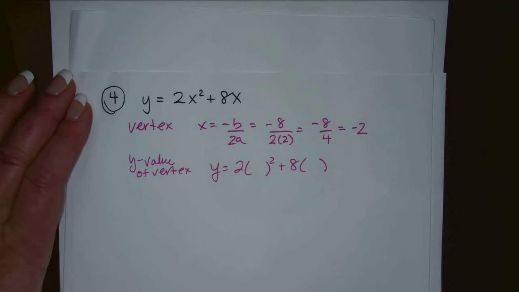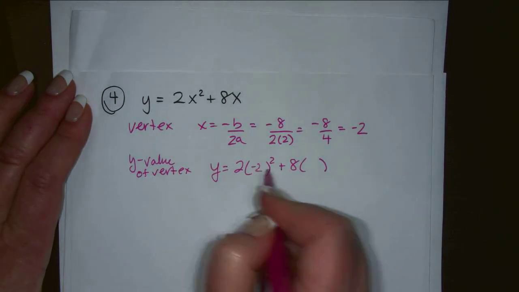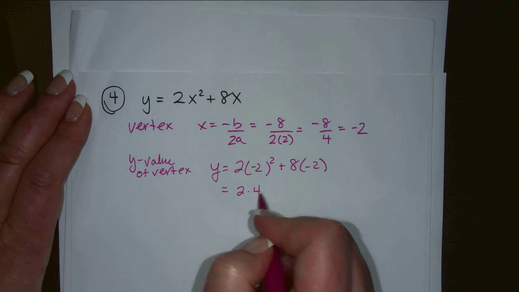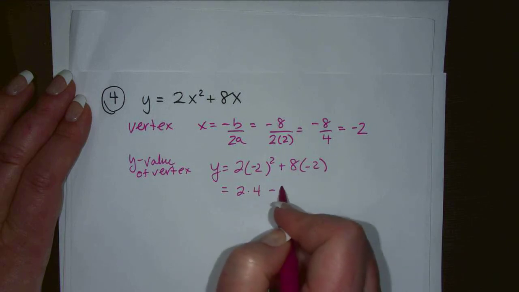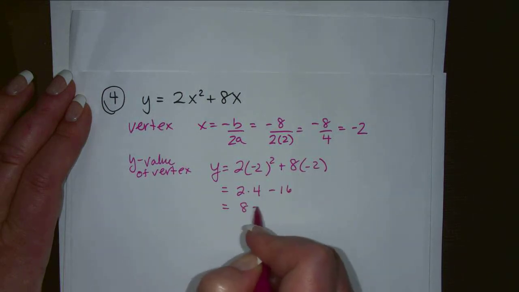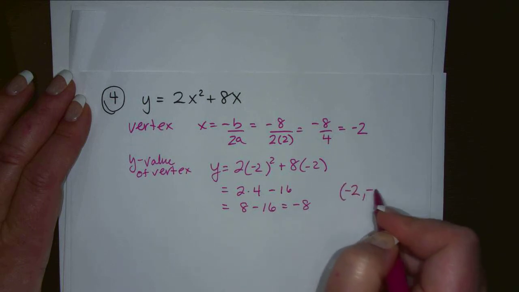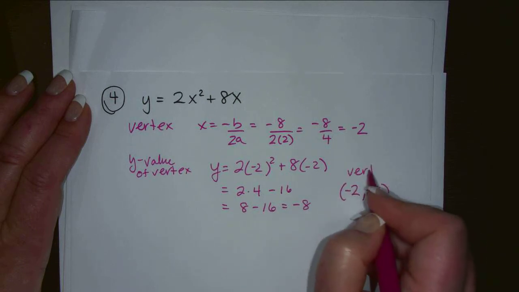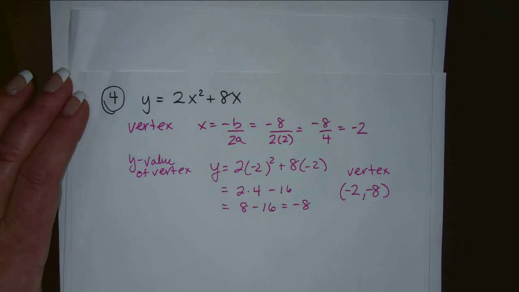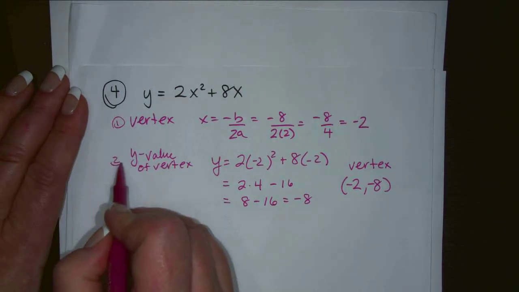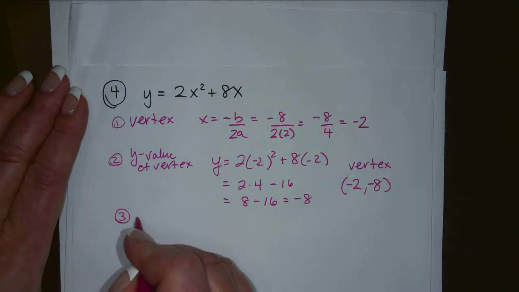Put the negative 2 in. So 2 times negative 2 squared is 4. 8 times minus 2 is negative 16. Vertex. Okay, so that's step 1, step 2, step 3, our Y-intercept.